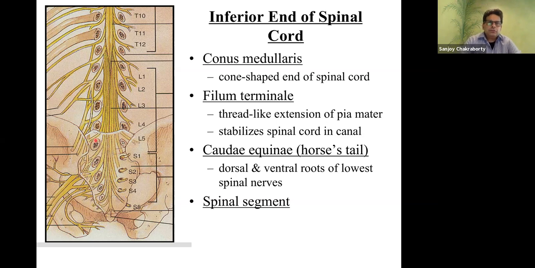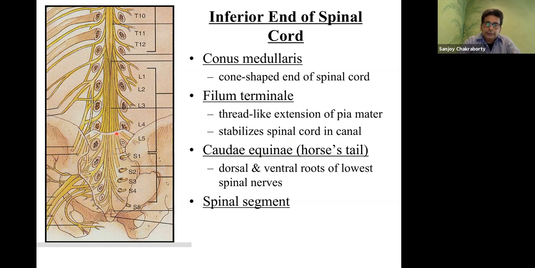That's why this collection of spinal nerves at the bottom of the cord we call the cauda equina. Cauda means tail, and equus is the scientific name of the horse. So the cauda equina is the bunch of spinal nerves at the bottom of the conus medullaris.